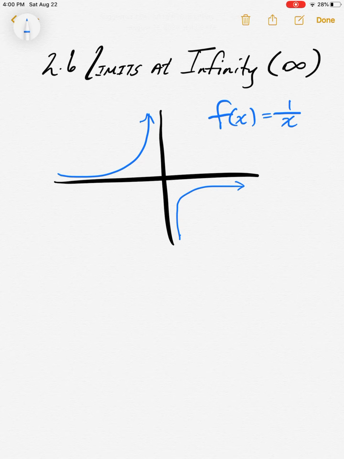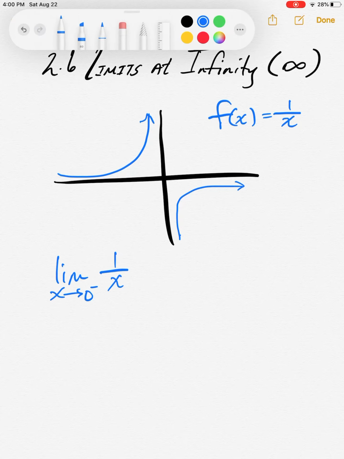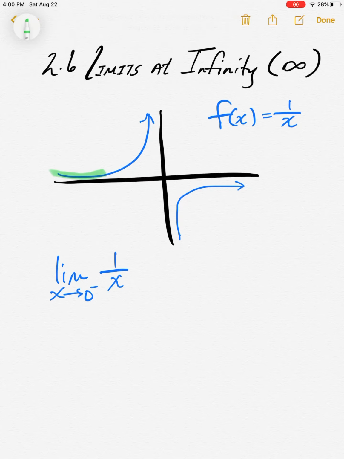So we have the limit as x approaches 0 from the left of 1 over x. We're going to bring out our handy dandy highlighter, coming from the left of 0 on the function.